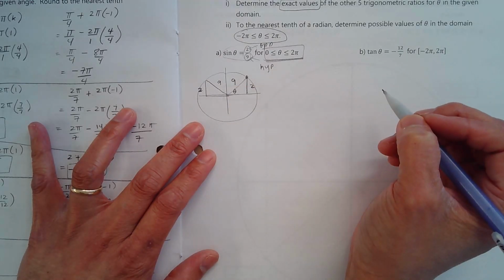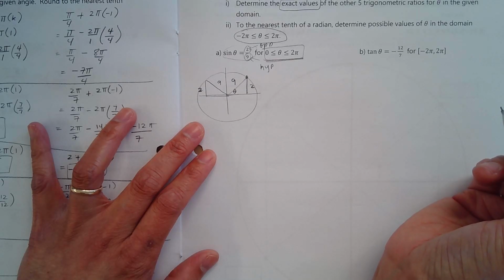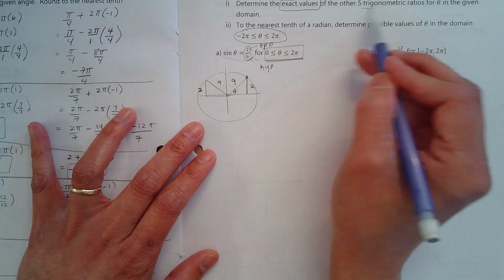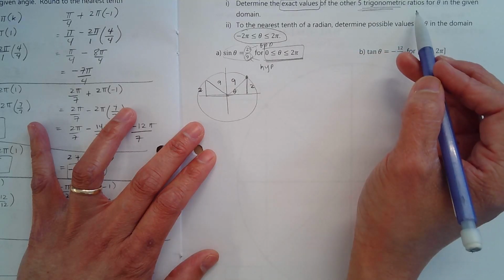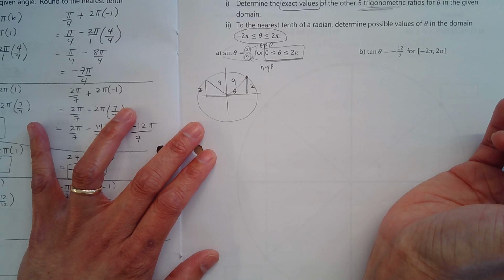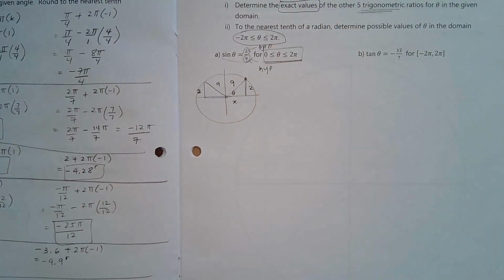So, what's missing? Determine the exact values of the other 5 trig ratios. Adjacent, the adjacent part, right? The x.